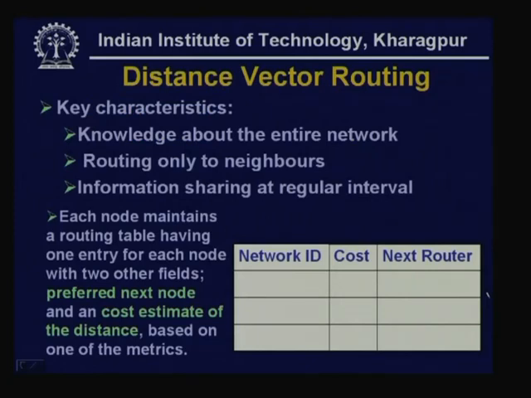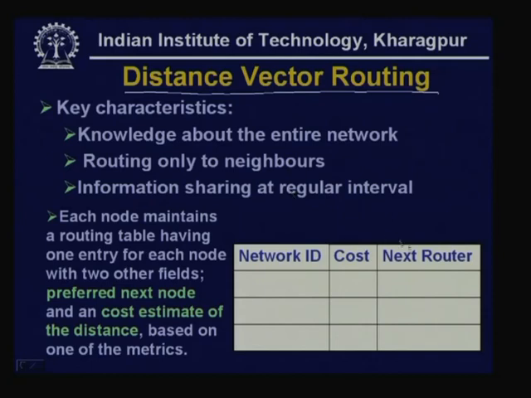Now, as I mentioned, one of the most popular adaptive routing techniques is distance vector routing, and these are the key characteristics of distance vector routing. In distance vector routing, knowledge about the entire network is gathered and routing is done only to the neighbors.